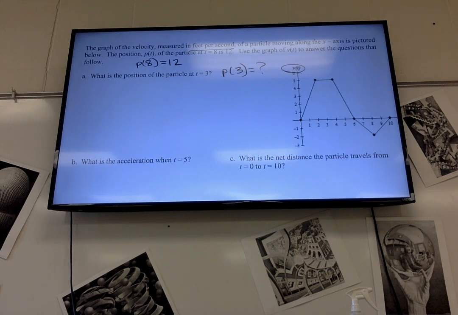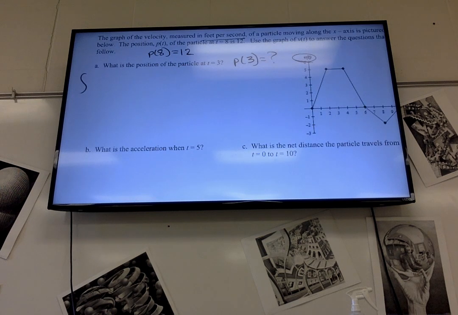Antiderivative, the integral. Thank you. But that's not a shape. The integral from what to what? 3 to 8. Why 3? Because that's what we're finding. And 8, because that's what we were given. How many rectangles do you have? You've got a couple.